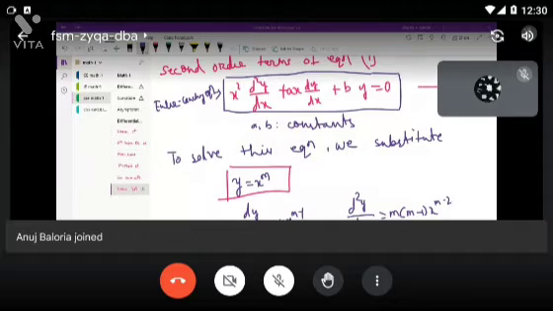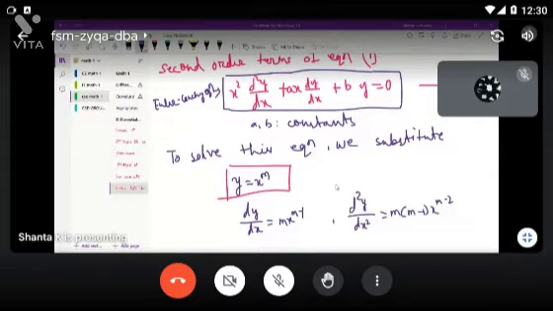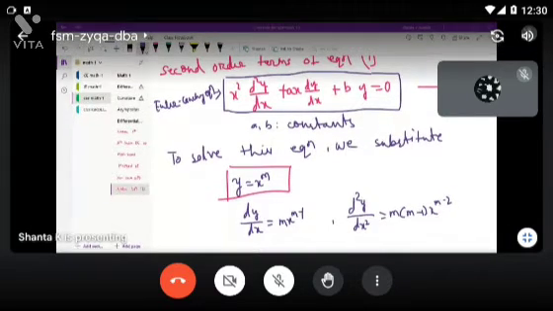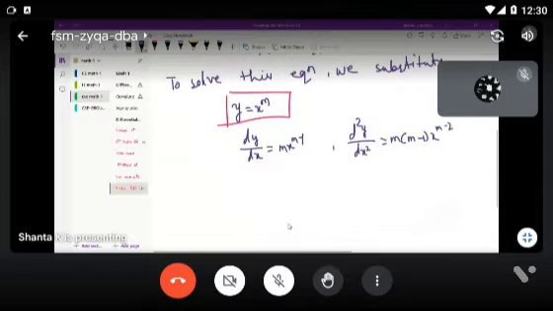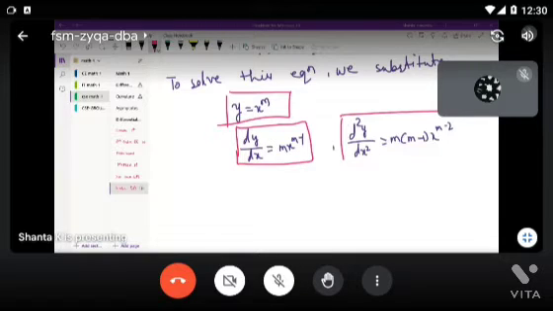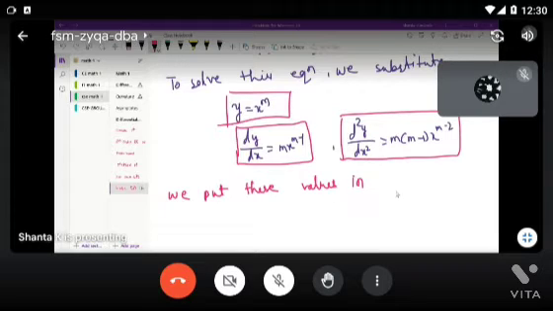Now we substitute these values in equation 1, in our Euler equation.